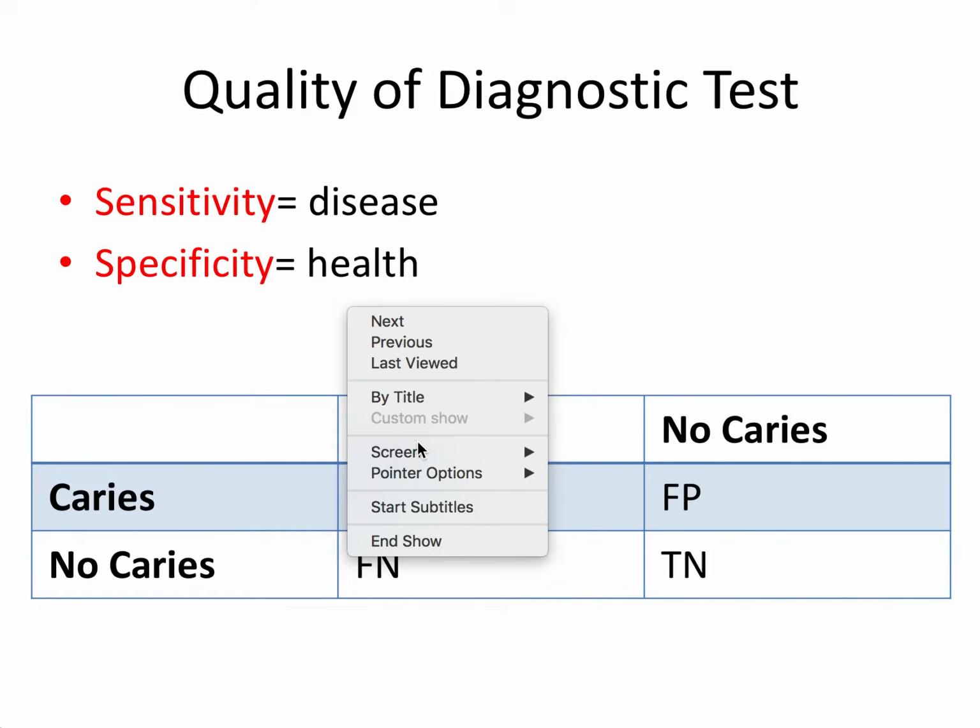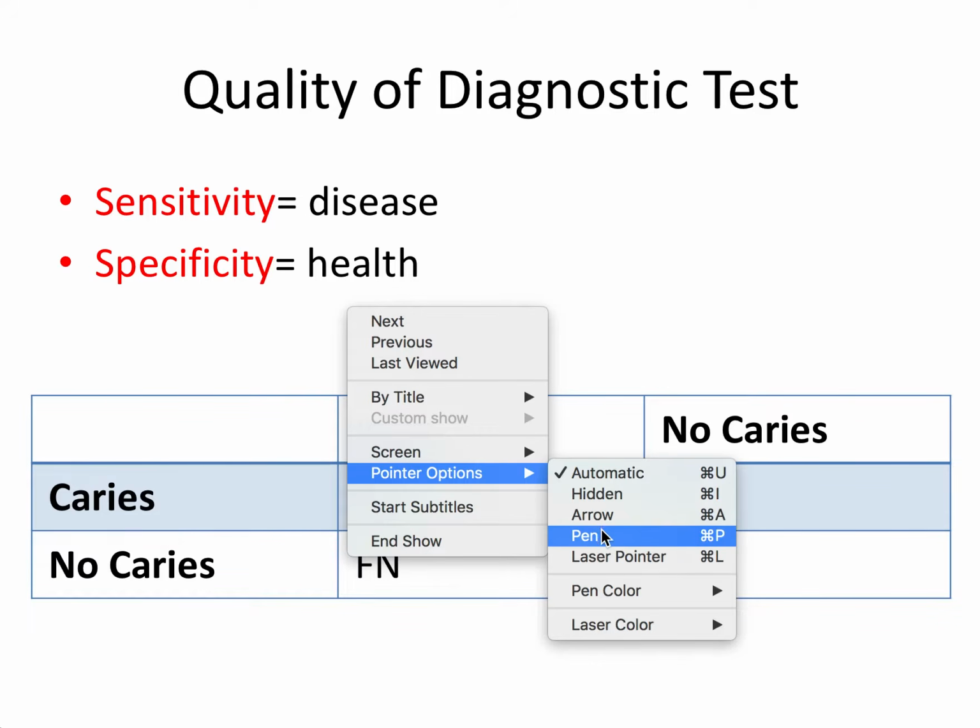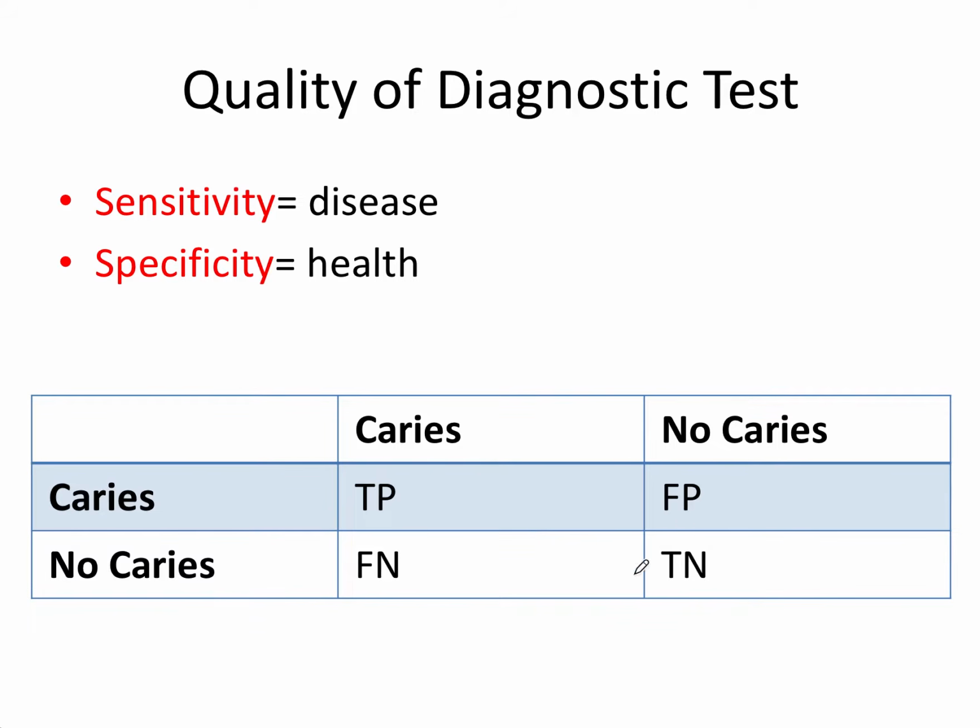That would be having only true positives and only true negatives, and we didn't get any false negatives or false positives at all. But if we got 0.5 for each of these, that's about as low as we could get, because then essentially we're just flipping a coin to see if they have caries or not.